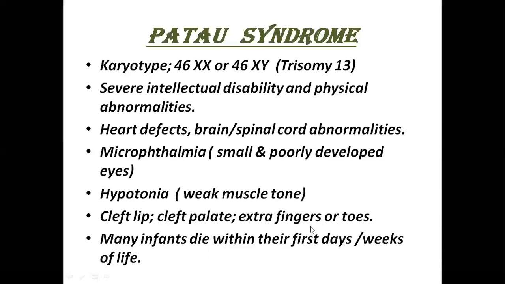There is an opening in the lip called cleft lip, with or without an opening in the roof of the mouth, which is called cleft palate. These are the problems Patau syndrome individuals face. Due to these several life-threatening medical problems, many infants with trisomy 13 die within their first days or first weeks of life.